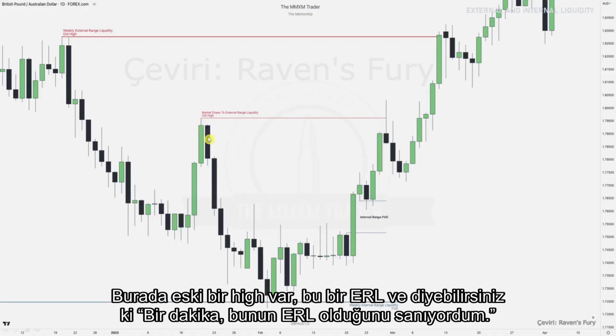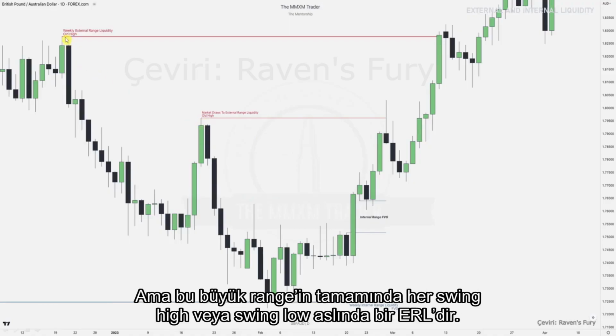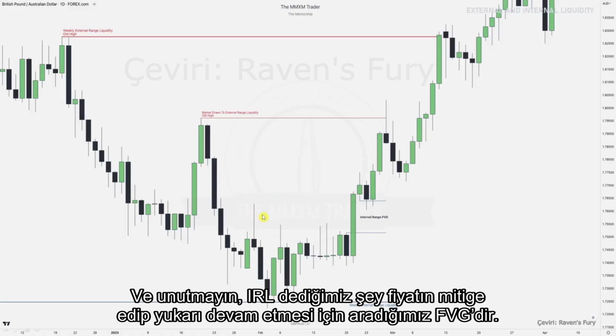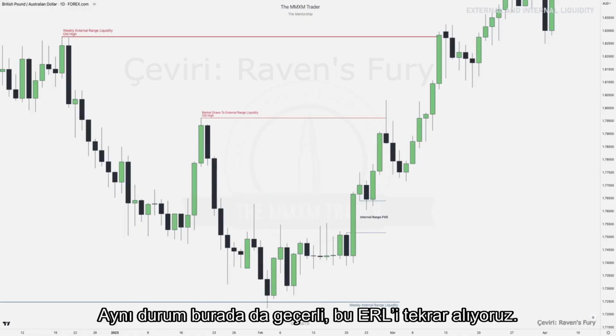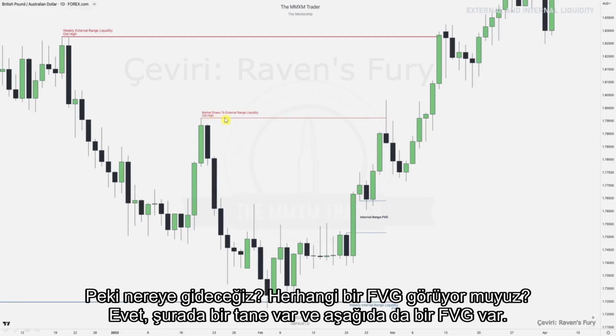And you might think, well, wait a minute, I thought this was external range liquidity. But in this whole bigger range, every swing high or swing low is external range liquidity. And remember, internal range liquidity will be that fair value gap we're looking for to mitigate with and continue up. So same case over here, we take out this external range liquidity.